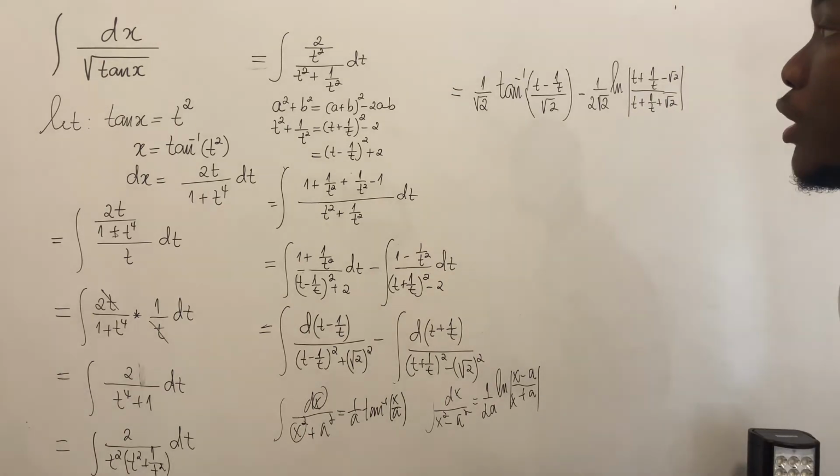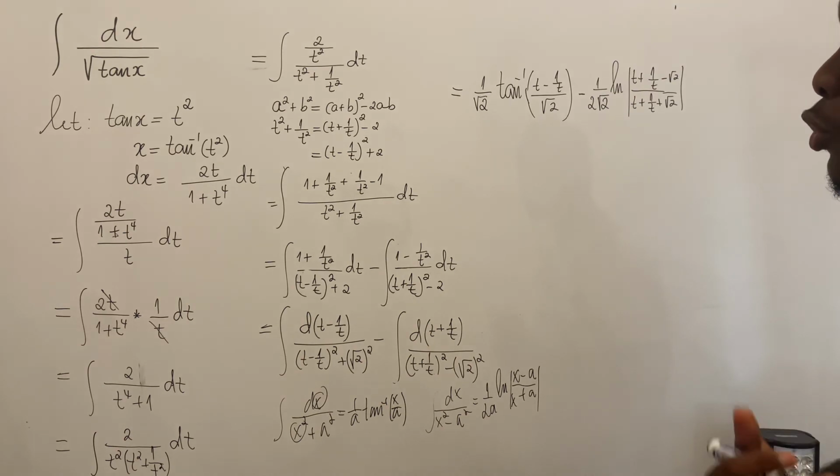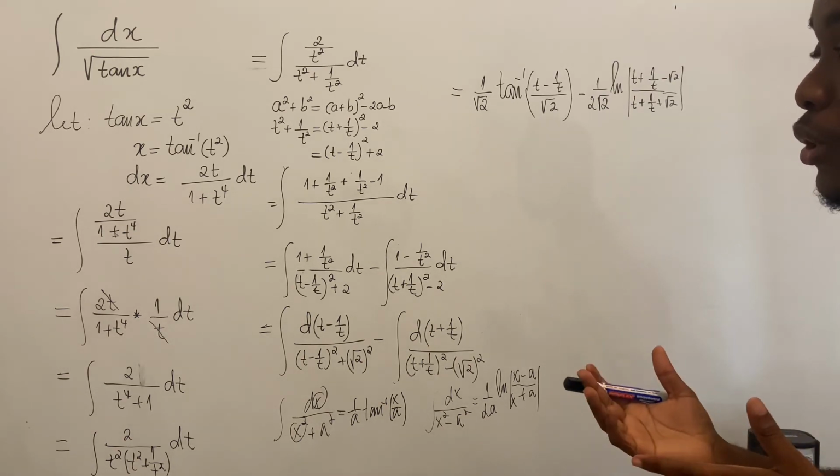But our problem was not given in t. It was given with respect to tan. So we can isolate t by saying that t is square root of tan.